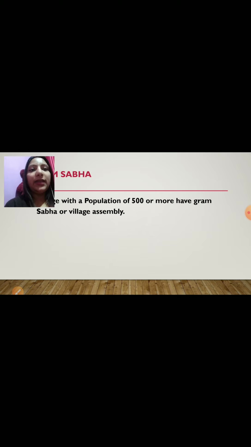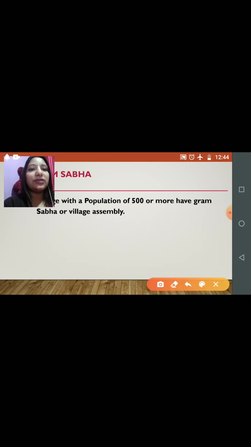Now let us see what the gram sabha is. Gram means village and sabha means meeting, or some kind of organization. A village with a population of 500 or more has a gram sabha, or village assembly.